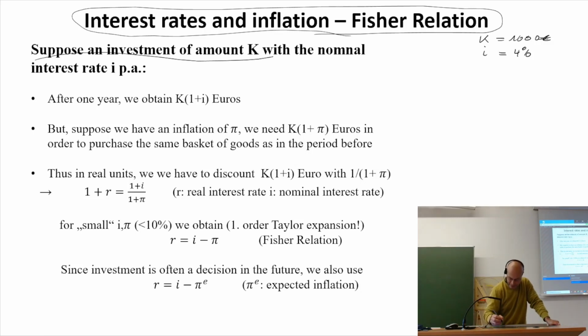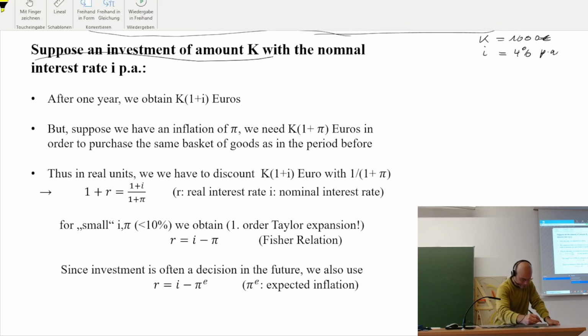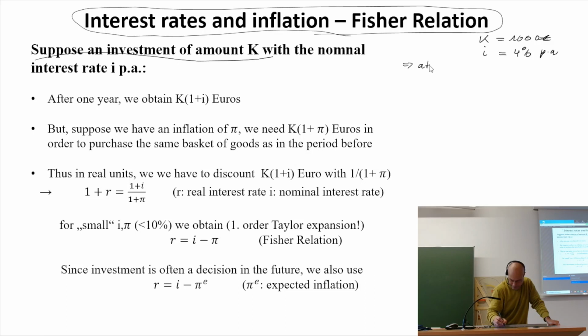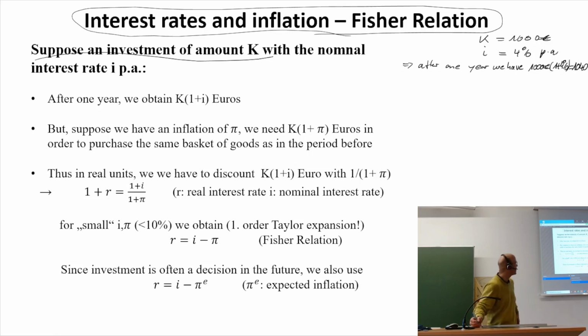Then, as I already said, after 1 year we have 1,000 euros times 1 plus 4%, which is 1,040.